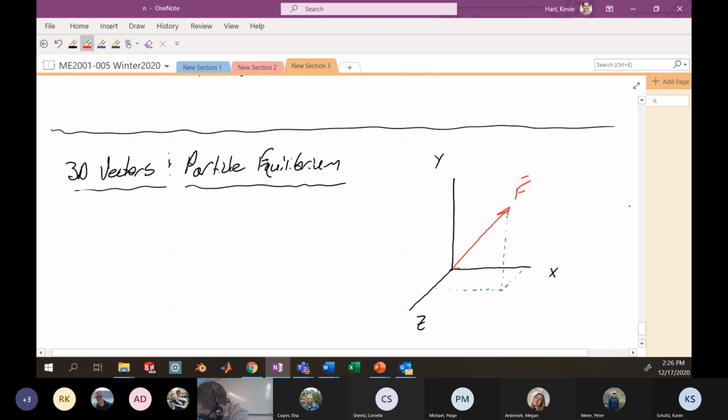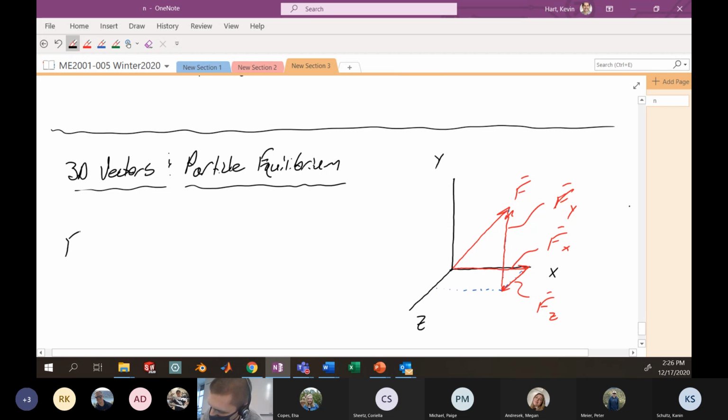So here would be my component in X. So here's F of X. This direction here would be the component of this force in Z. And then up to this point would be my component of that force in Y. All right, so adding all three of those things together would give me my total force F, right?